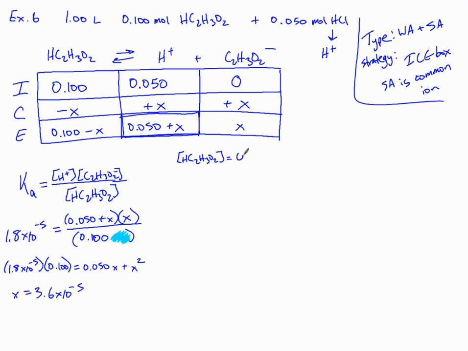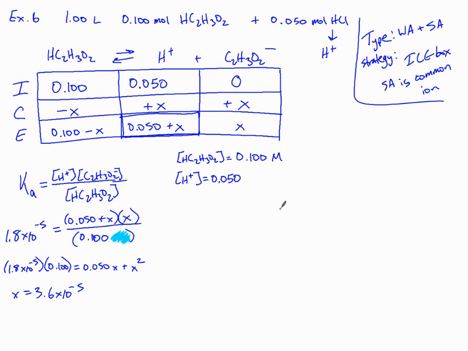And it comes out to be, with rounding, 0.100 molar again. The concentration of hydrogen ions, 0.05 plus x, and it ends up not changing very much, 0.050.